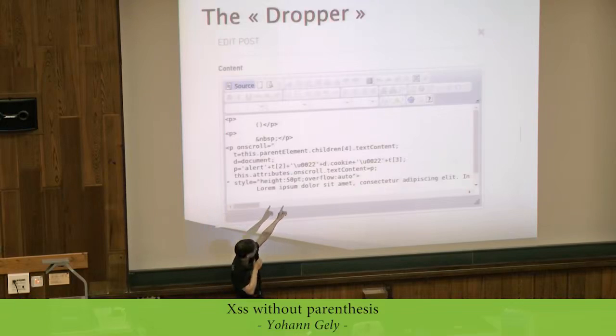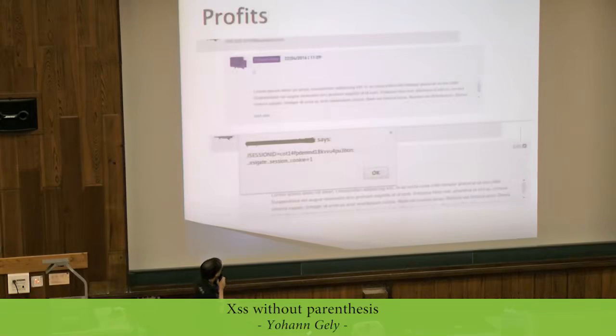You replace your onScroll with the text from your payload, and then you just wait. Your browser will execute this payload, replace your payload with the new one, and redo an onScroll on the new payload. And you get this really nice pop-up. So now you can execute every JavaScript payload you want with parentheses.